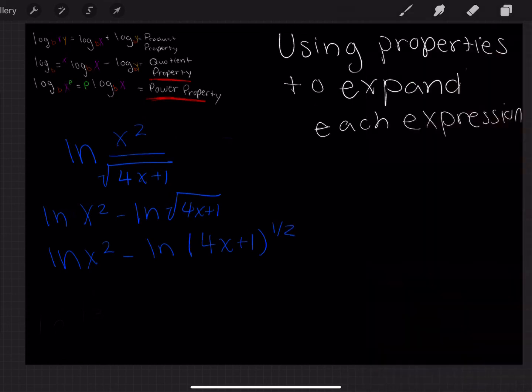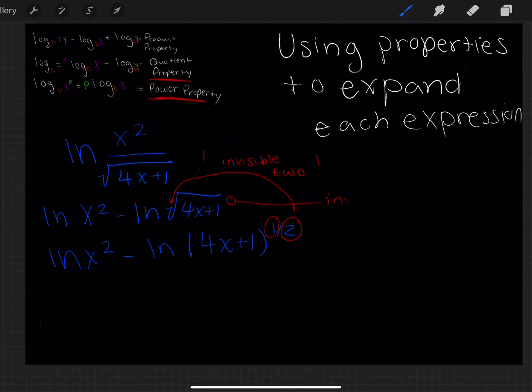Now, we can use that same property we used to get that 1/5 and apply the same thing here. So, our next step is going to be ln of x squared minus ln of 4x plus 1 to the 1/2 power. Now, there's an invisible 2 inside a square root, hence square root.